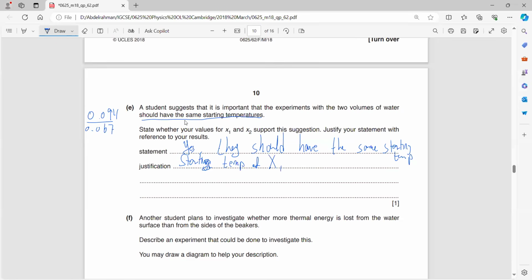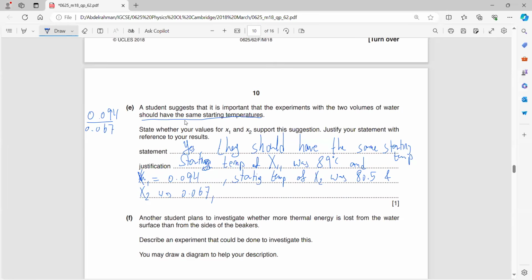was 89, and X1 was equal to 0.094. The starting temperature of X2 was 80.5, and X2 was 0.067.